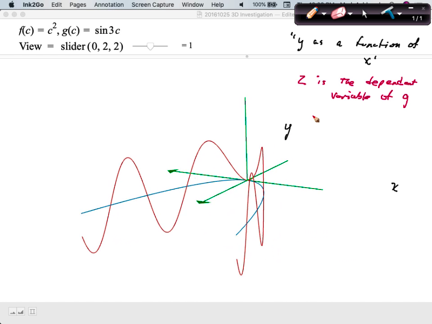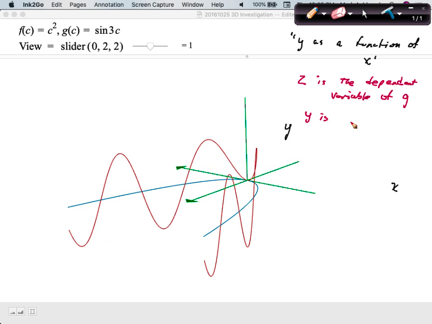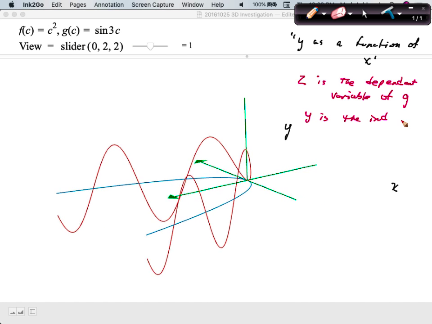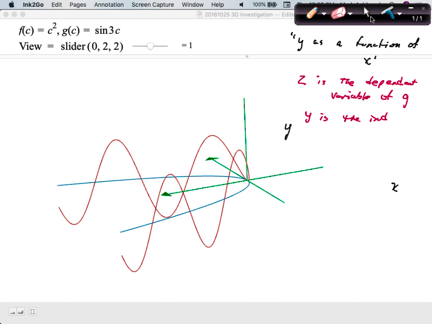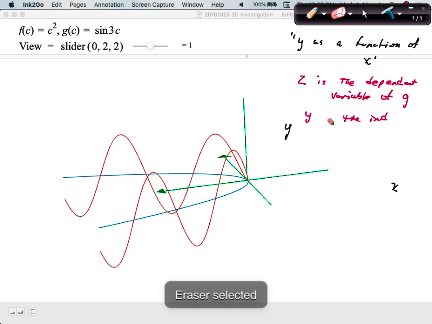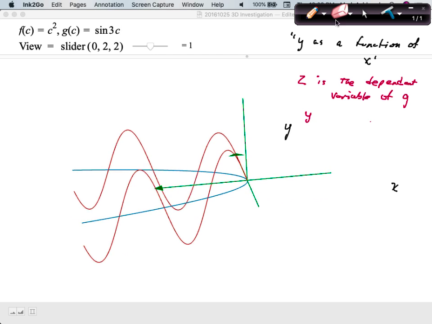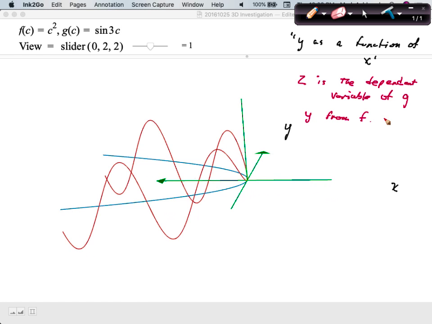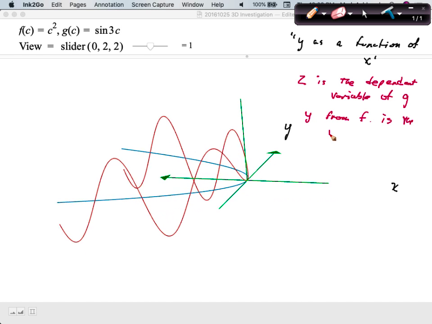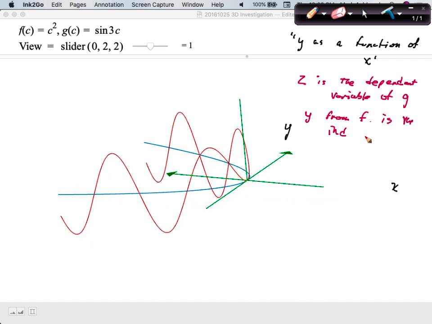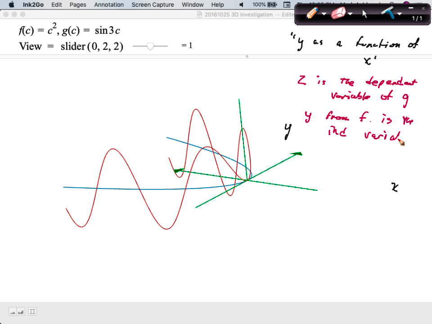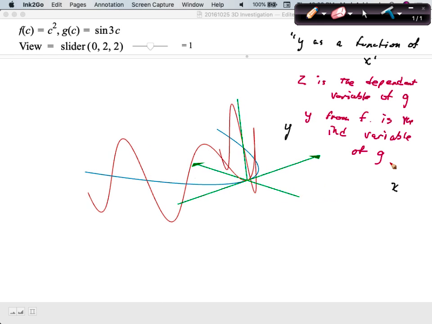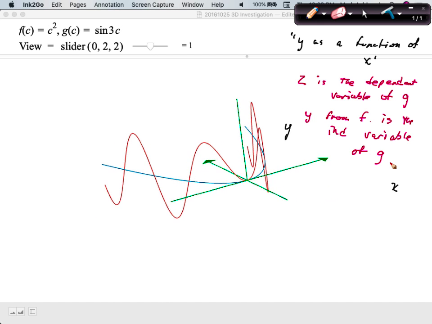Yeah, so maybe we could say y from f is the independent variable of g. Do you agree with that? Okay, people agree on that. Good.